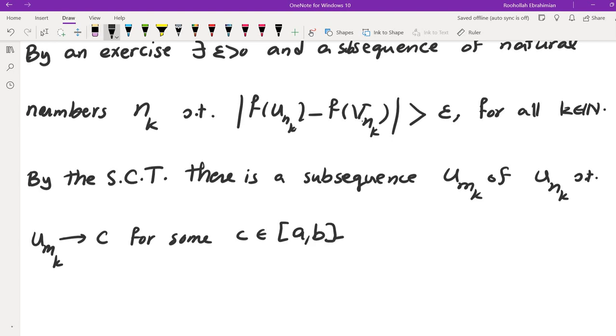Because we know closed and bounded intervals are sequentially compact, which means every sequence inside that interval has a convergent subsequence.